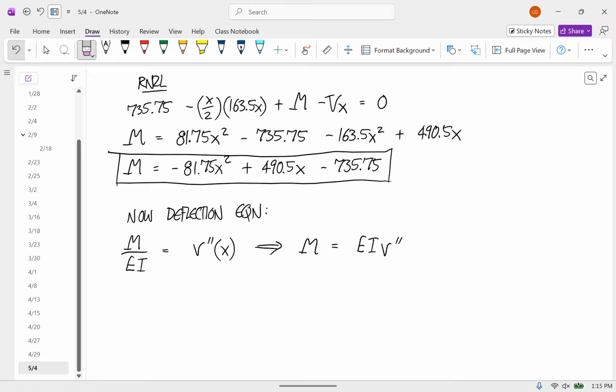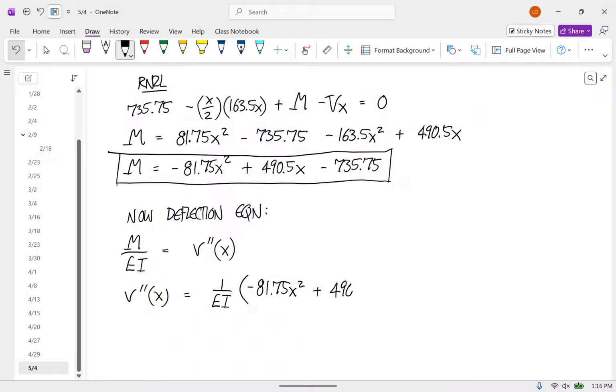No, I'm not. I'm going to leave it the way it was. It was better before. And so now all we have to do is integrate this twice. So we have v double prime is equal to, I'll write it as 1 over EI times the quantity negative 81.75x squared plus 490x minus 735.75.